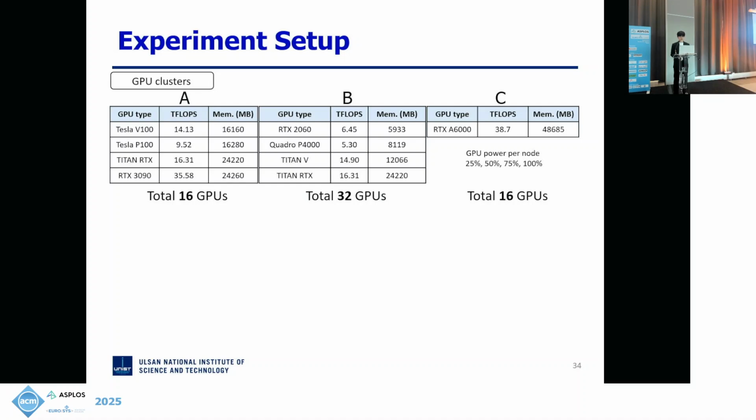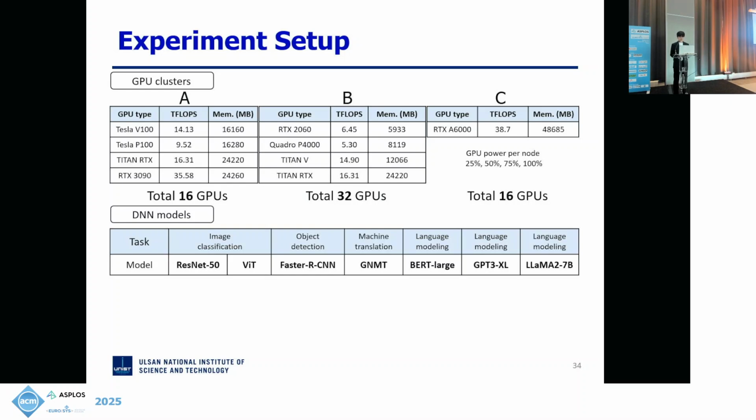The experiment was conducted with 3 heterogeneous GPU clusters. The total number of GPUs on each cluster is from 16 to 32. On cluster C, to make a heterogeneous computation setup, we adjust the power of the GPU at each node.